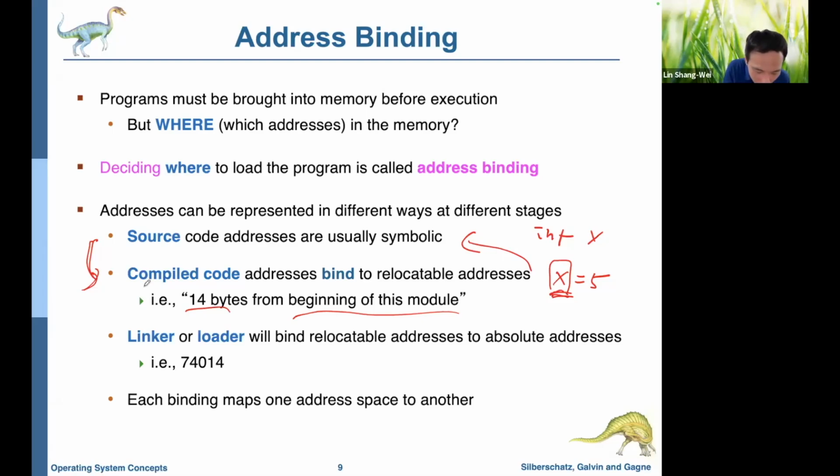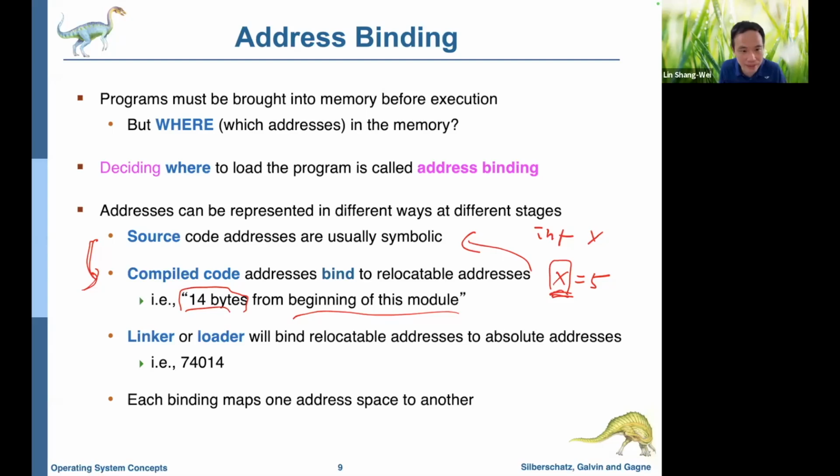And after that, you do the linking or loading. So this 14 bytes, you can think of it as an offset starting from your file. But when you do the linking, you want to load this executable into the memory. You need to know the exact address because you want to load it to some place.